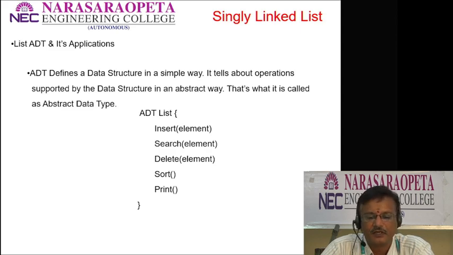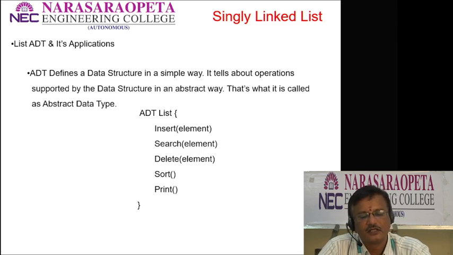Sometimes it also supports update. For example, a specific customer has changed his address or mobile number, so you need to update. Here I have not included it, but update is also another useful operation. So if you define list as an ADT, it is something like this.